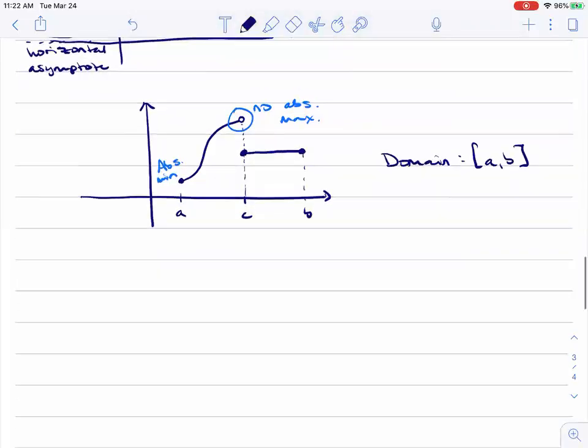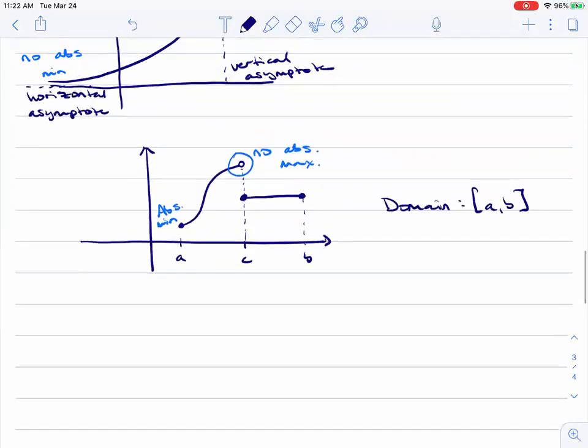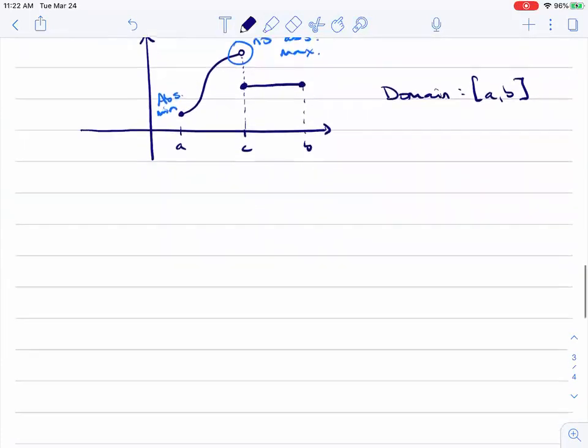From here, we can talk about the extreme value theorem. We call these max and mins extreme values.